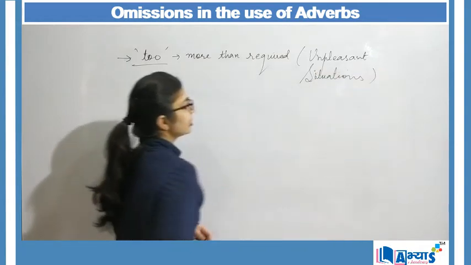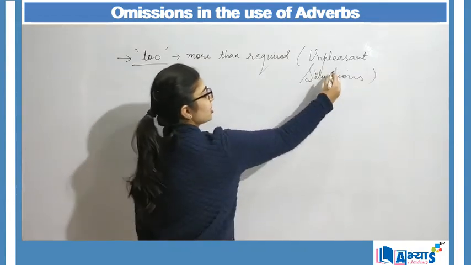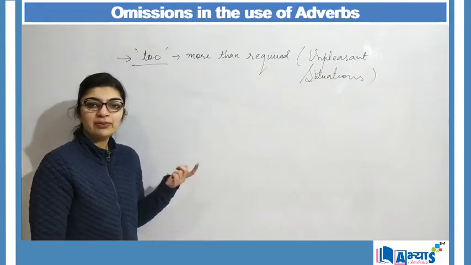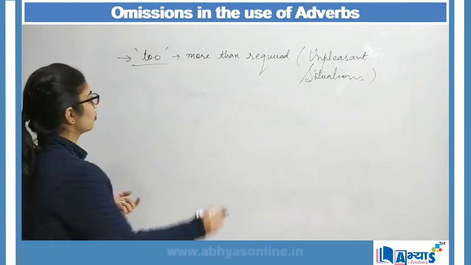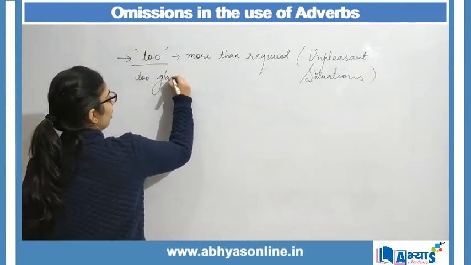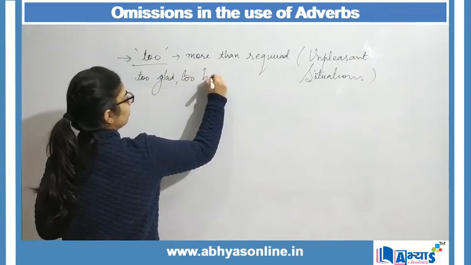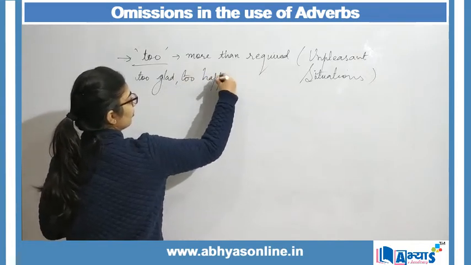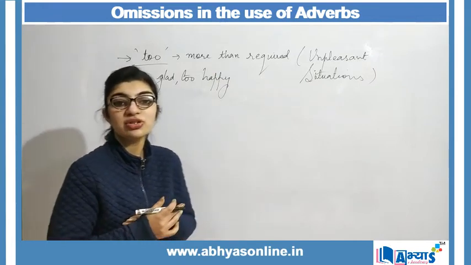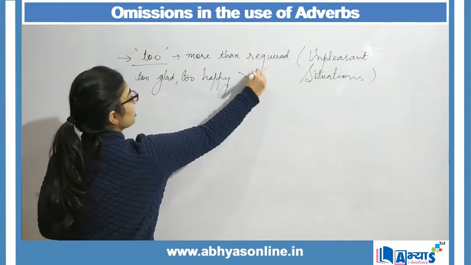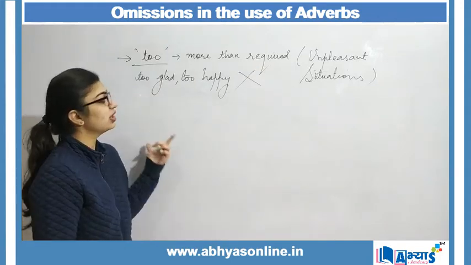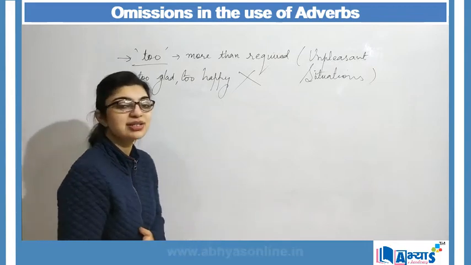But when we are showing a happy mood, in that case too is not used. For example, too glad, too happy: these words are wrong. We do not use too with our happy situations. Too is only used to represent some unpleasant situation.